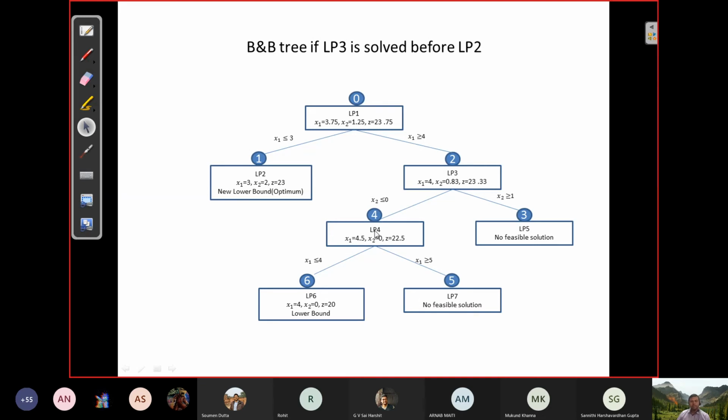LP4 you have already solved and got this solution, so you have a corresponding final simplex table for LP4, and then you are adding this x1 less than or equal to 4 to get LP6. So what will be your approach to solve this LP6? Will you run the simplex all over again, or do you already know how to do it?